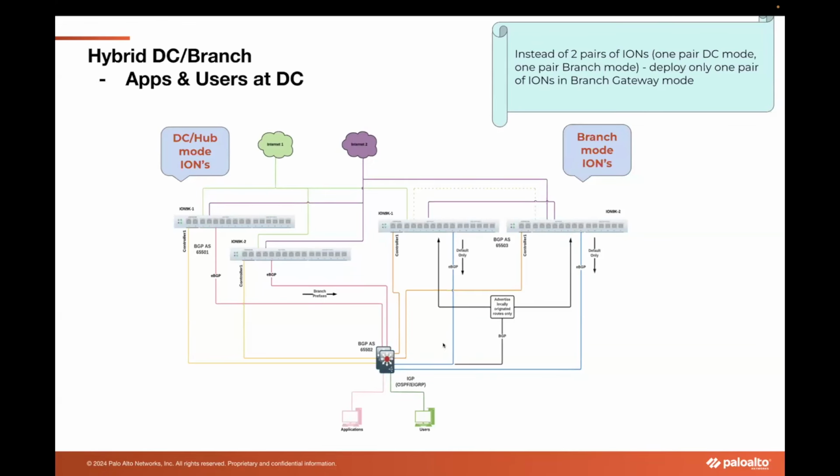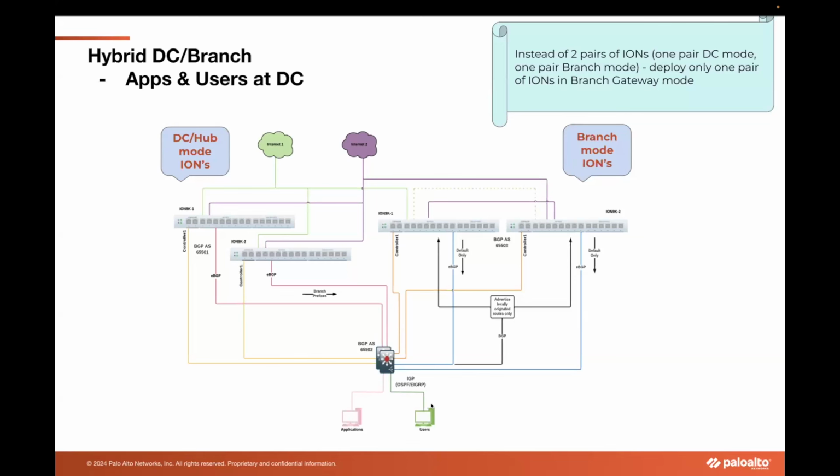As Bill mentioned before, in the DC mode, we do not have zone-based firewall, NAT, and path policy functionality. So in this case, till recently, you would deploy a pair of IONs in the data center mode to connect all the other remaining branches to have access to the applications inside the data center.